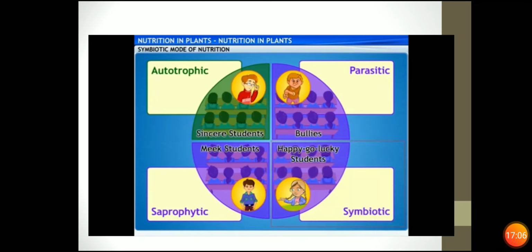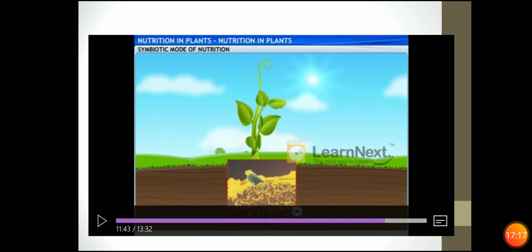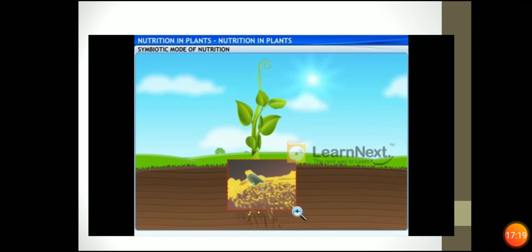Similar to the happy-go-lucky students who get their homework done in exchange for favors, some organisms live together and share shelter in exchange for nutrients. Previously it was explained that the soil contains microorganisms which convert atmospheric nitrogen into soluble nitrogen compounds. They help in converting the nitrogen into soluble form so that the plant can take it and synthesize the food.